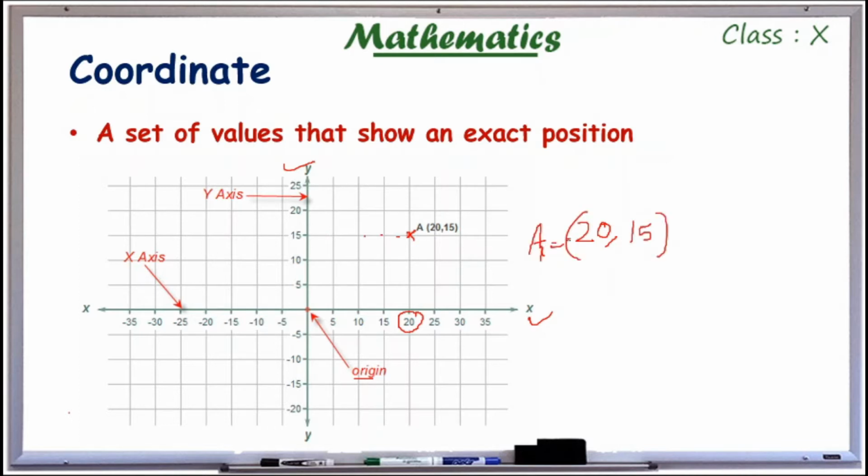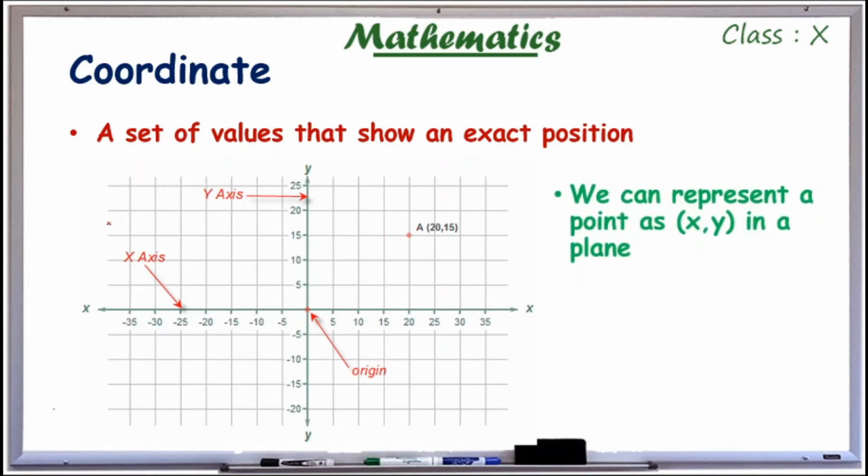A is at (20, 15). So when you write a point you have to first write the x value and then write the value of y. So this is the form of a point. So we can represent a point as x comma y in a plane.